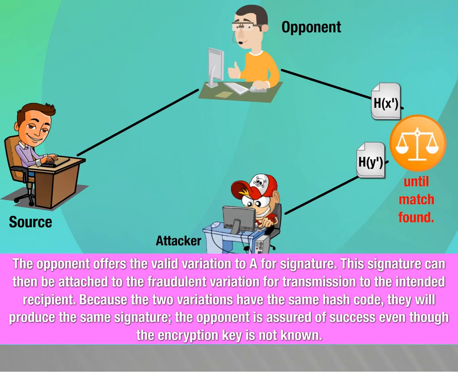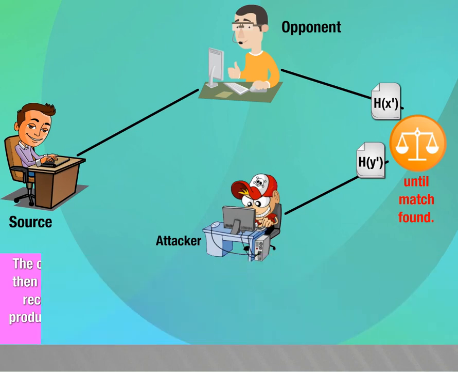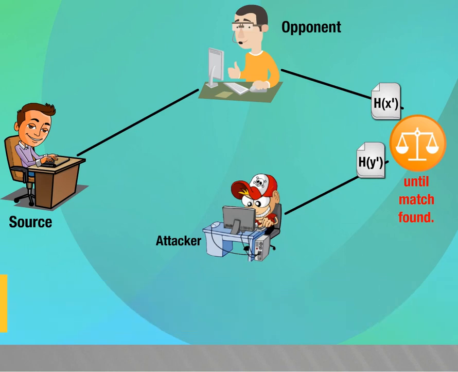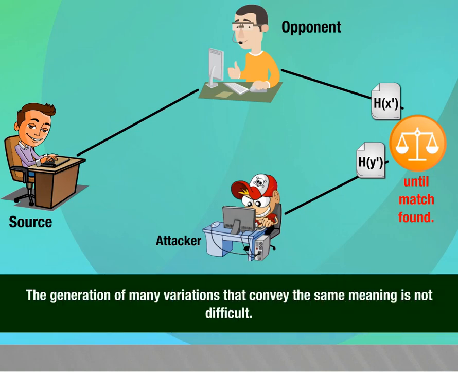This signature can then be attached to the fraudulent variation for transmission to the intended recipient. Because the two variations have the same hash code, they will produce the same signature. The opponent is assured of success even though the encryption key is not known. Thus, if a 64-bit hash code is used, the level of effort required is only on the order of 2^32. The generation of many variations that convey the same meaning is not difficult.